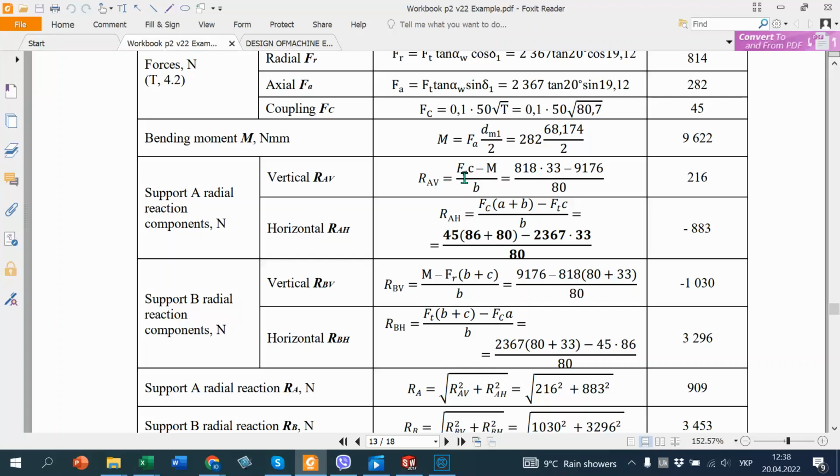So you can rewrite this formula and after that calculate according to your values.